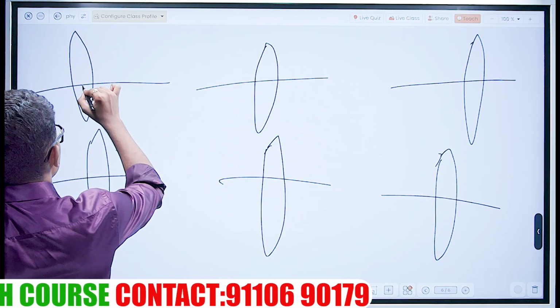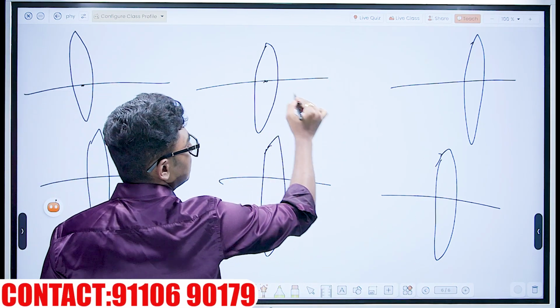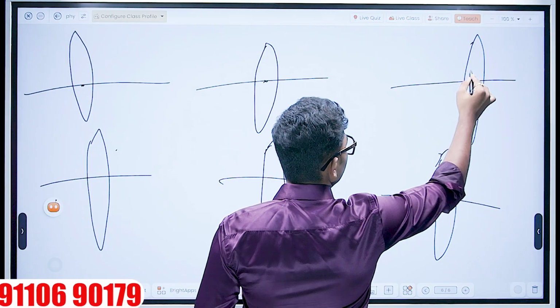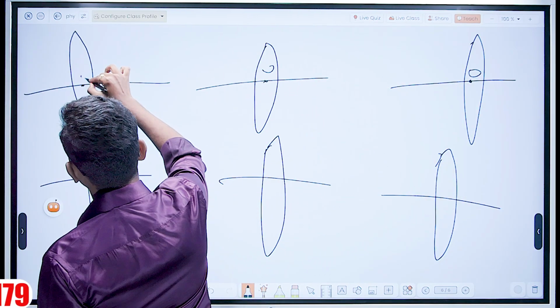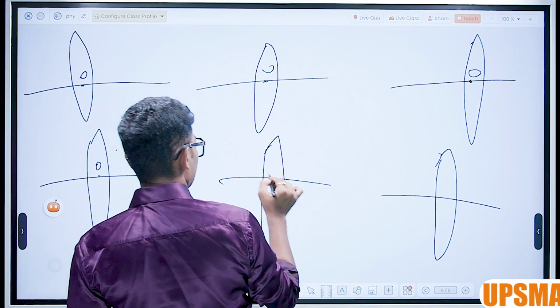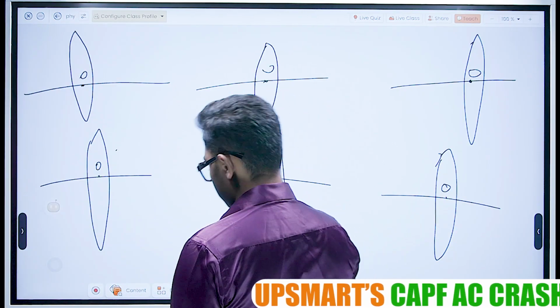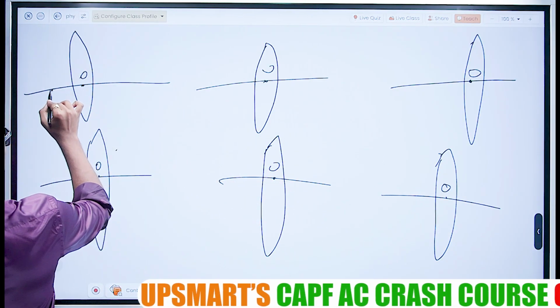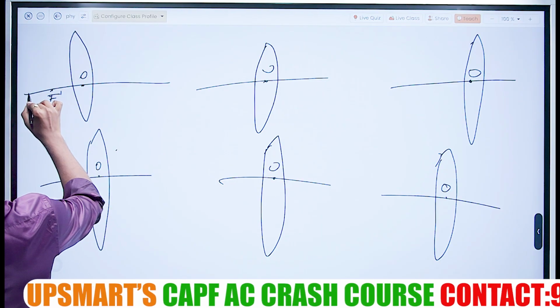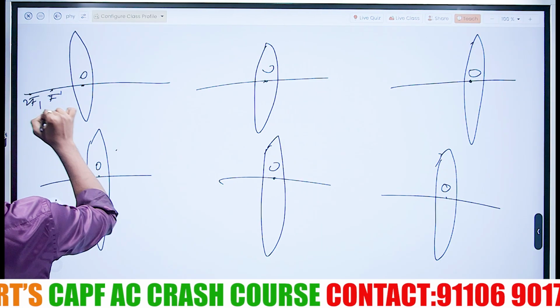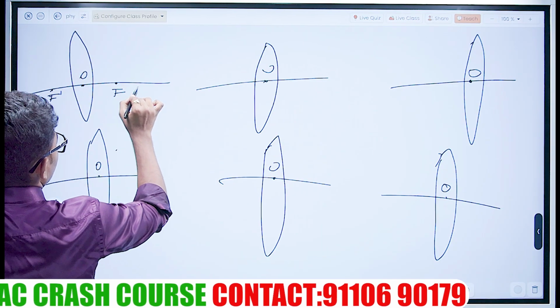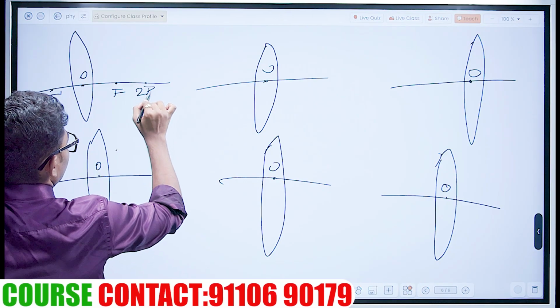So as you all know, the center point will be the optic center. Then this is F dash, this is 2F dash, this is F, this is 2F.